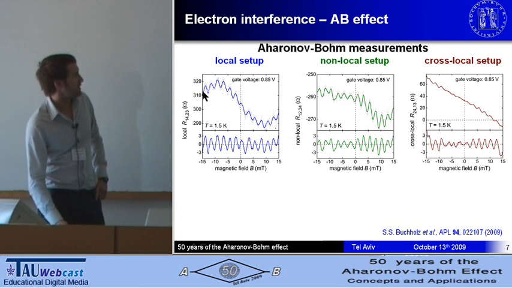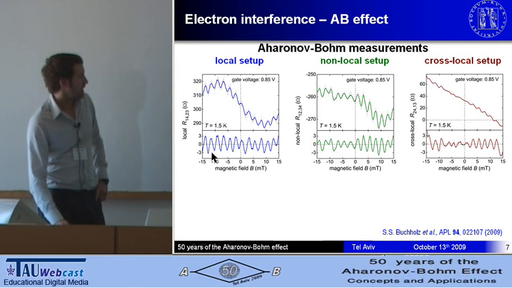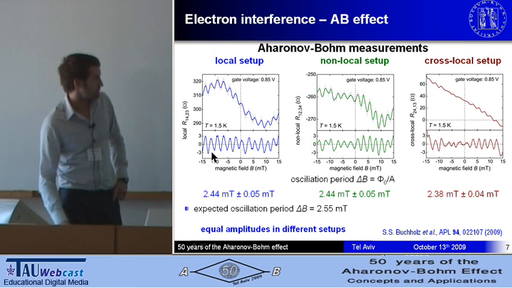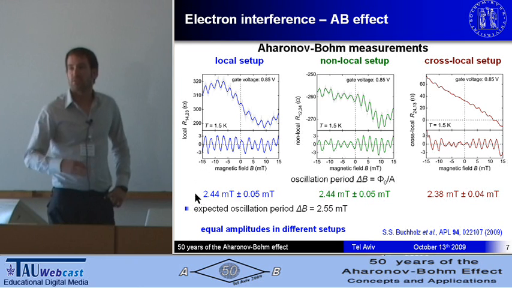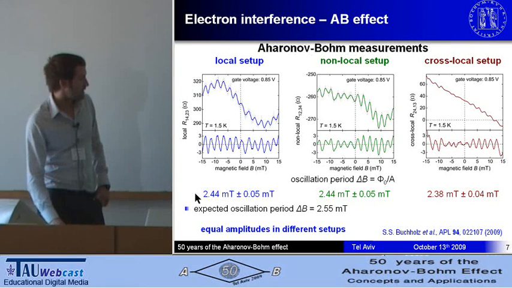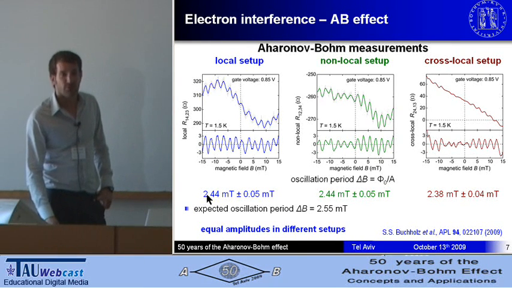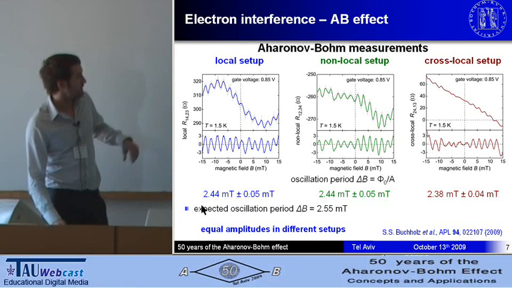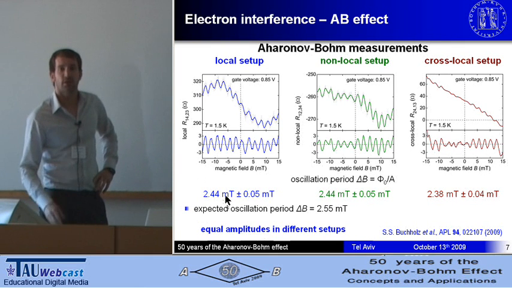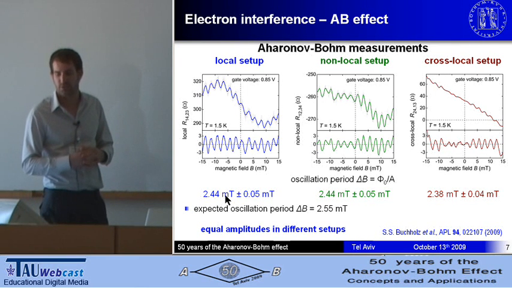And we see that the resistance oscillates with a certain frequency, and this frequency can be found by a Fourier transform, and we find that this frequency is the same in the different measurement setups, and that it is in accordance with the one expected from our geometry, of course. What we also find is that the Aharonov-Bohm amplitudes are the same in the different setups, and we believe this is due to the fact that we have these orthogonal cross junctions.